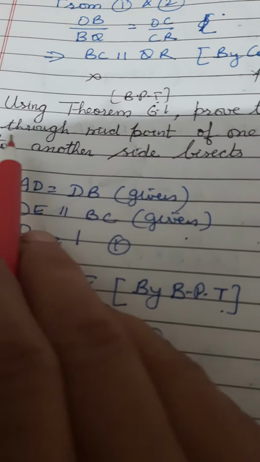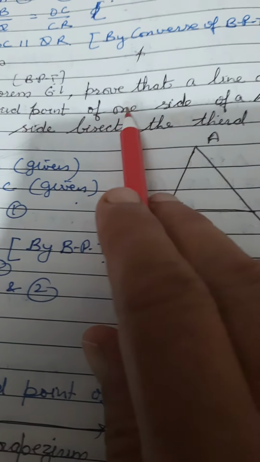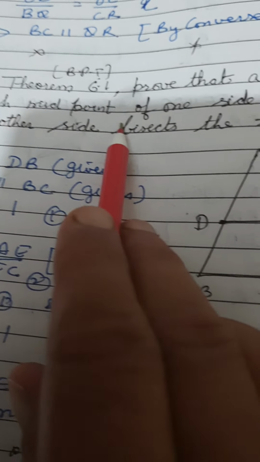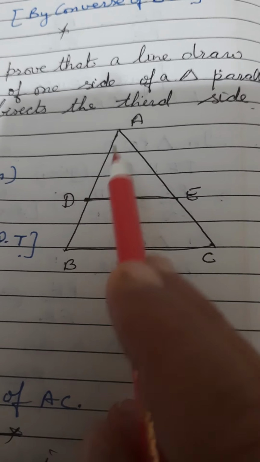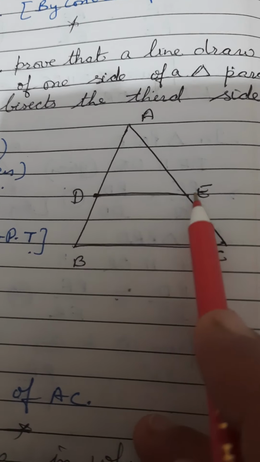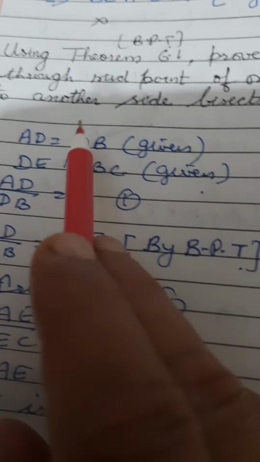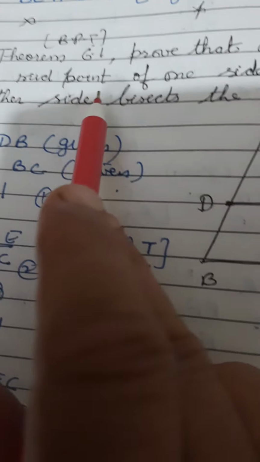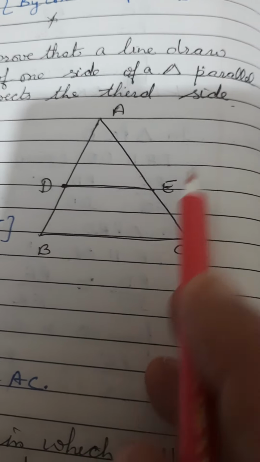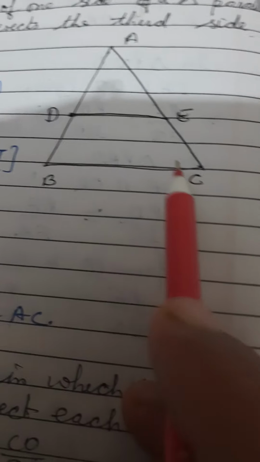Using theorem 6.1, which is BPT, a line drawn through the midpoint of one side of the triangle, that is DE, parallel to another side, means DE is parallel to BC, bisects the third side. Means we have to prove that AE is equal to EC.